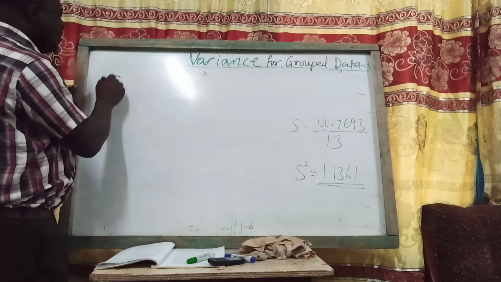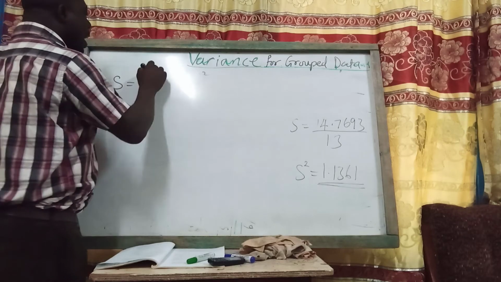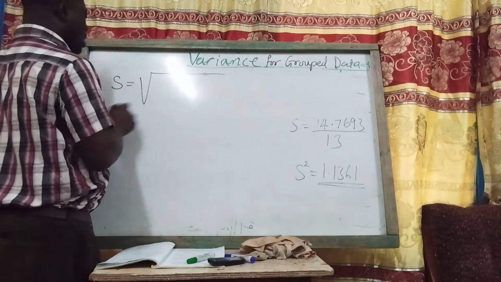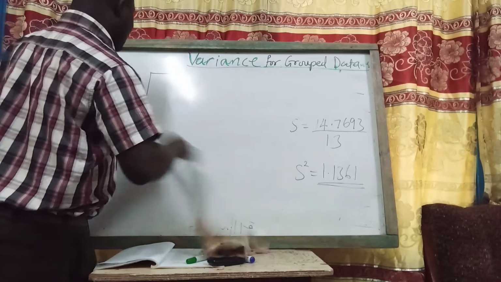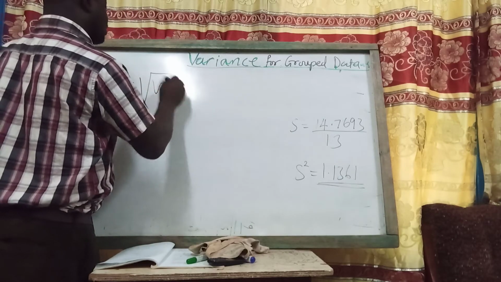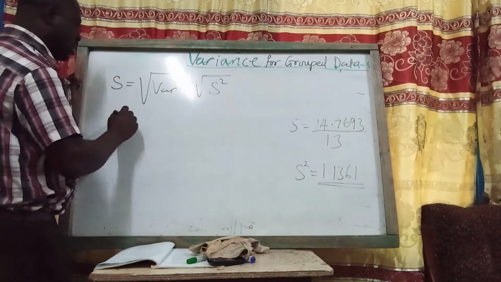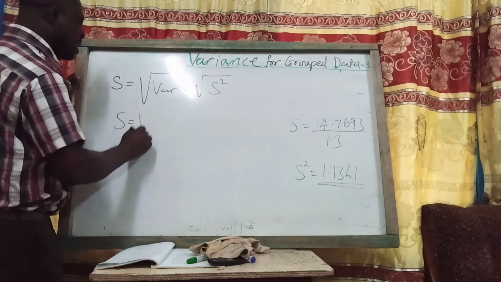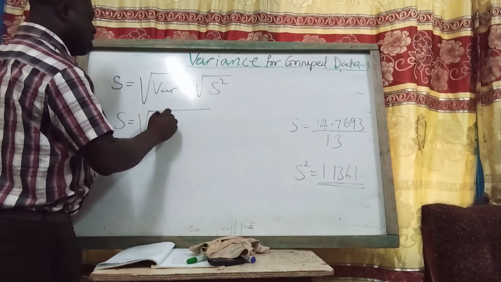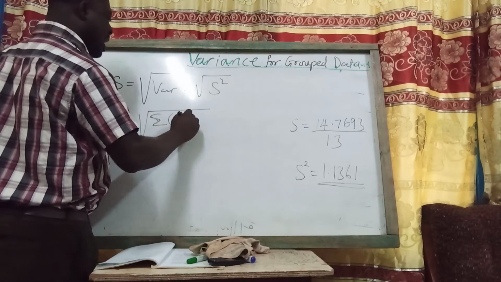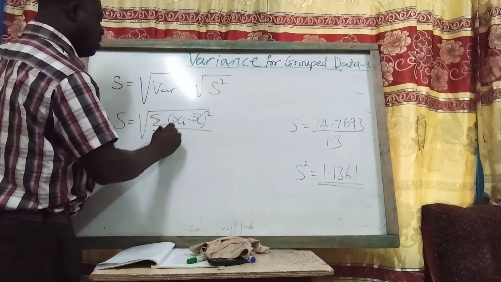The standard deviation is simply the square root of the variance, or the square root of s squared. So the standard deviation can be given as the square root of summation xi minus x bar squared over n.